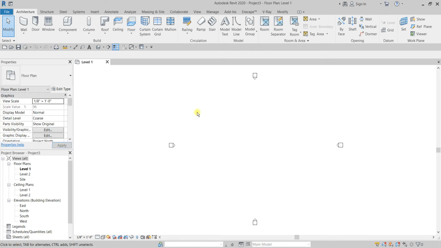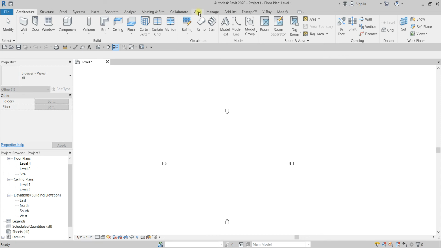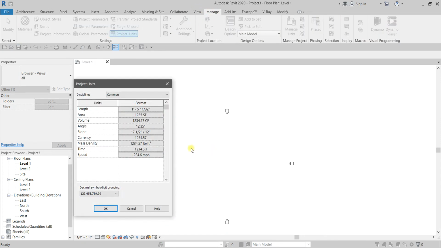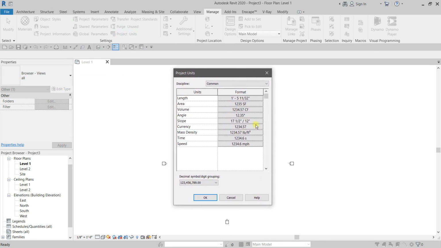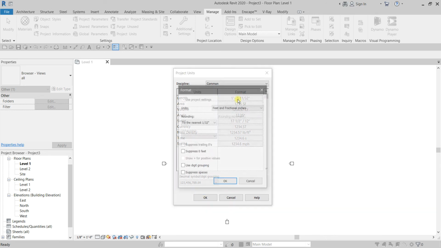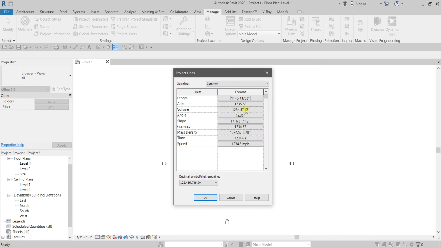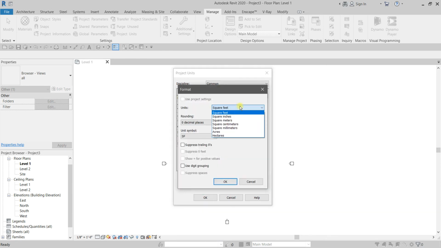Okay, so this is the default template we have here. When I come to Manage and then Project Units, I can see my project units in imperial, in feet and inches. For length you have feet and fractional inches, and I can change it to decimal feet or decimal inches. Under area, I have square feet, which I'll leave like that.